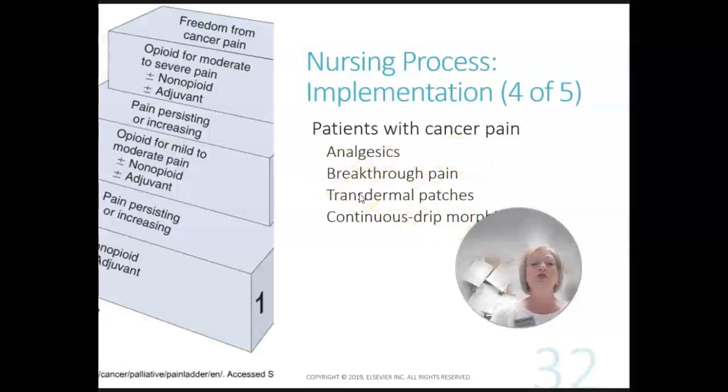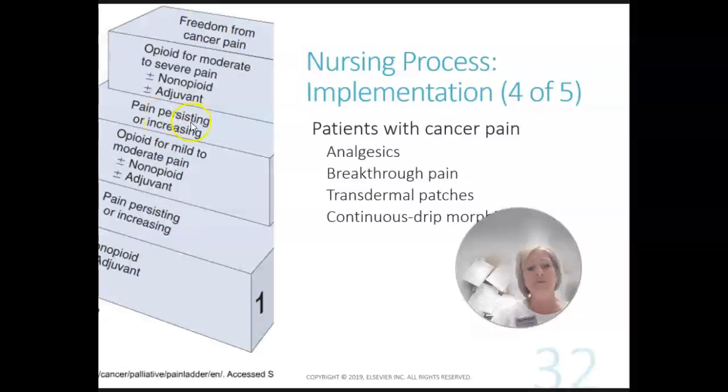We might use certain medications for breakthrough pain. They might have patches. They might have continuous morphine drips. So whatever the best choice is for your patient. The goal is freedom from pain. Sometimes we have to use opioids, plus we have to use adjunct medication to help with that.